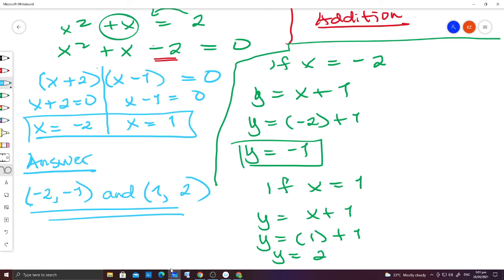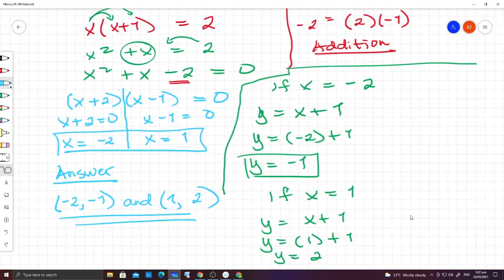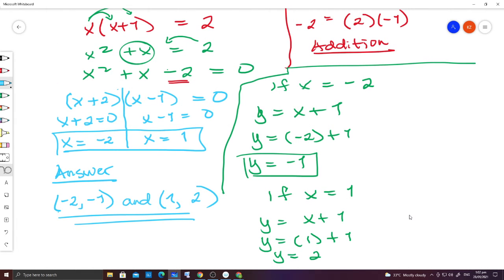And this is our answer. In the exam, I am going to combine them, because it's a combination of our first topic and this one. So, all in one.